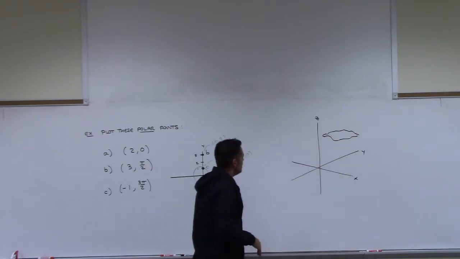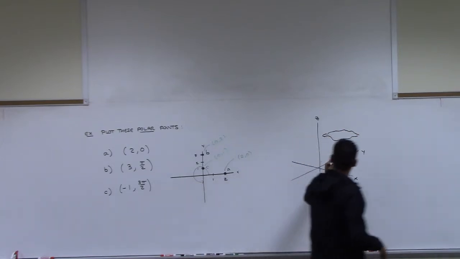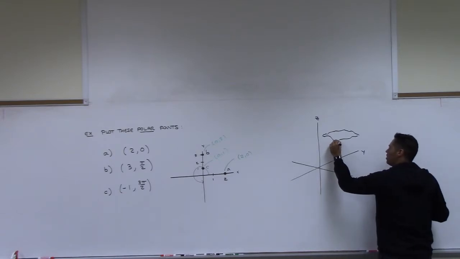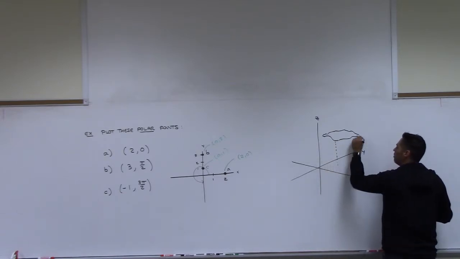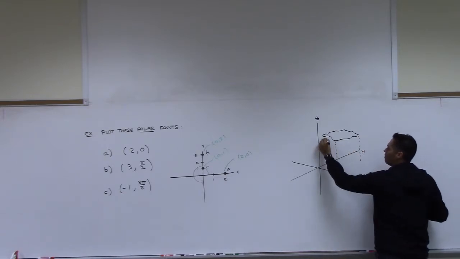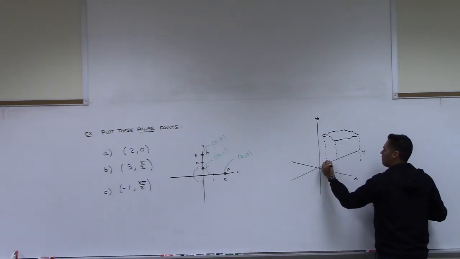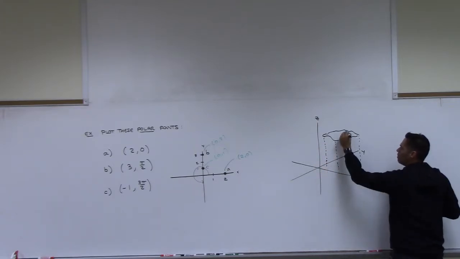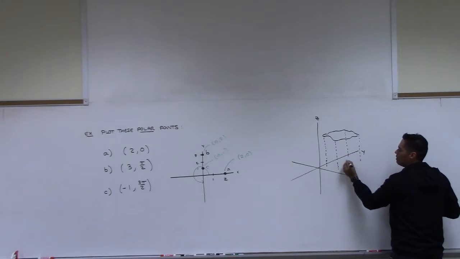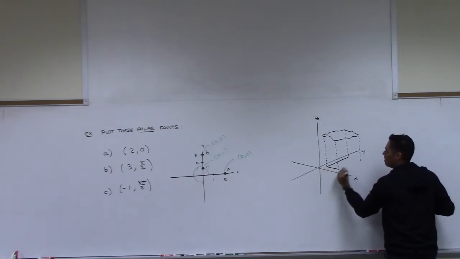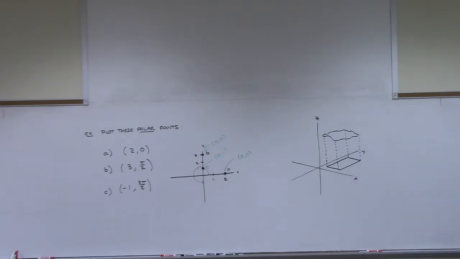What we do in calculus is we ask ourselves, if you were to project this surface down onto the ground, let's say that you have a rectangle down here like this. Do you see the rectangle on the ground?